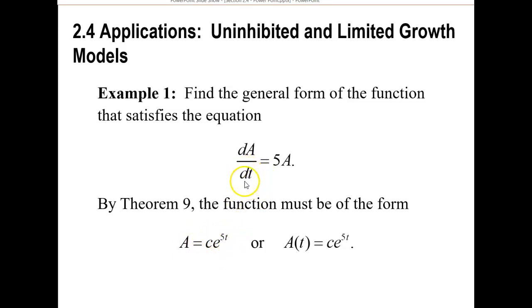The independent variable here being t. Or you could write A of t equals a constant C e to the 5t, knowing that this coefficient in this form is your coefficient of t in the exponent, and the variable involved in the exponent is indicated in this denominator, or inside the parentheses if you're given function notation.